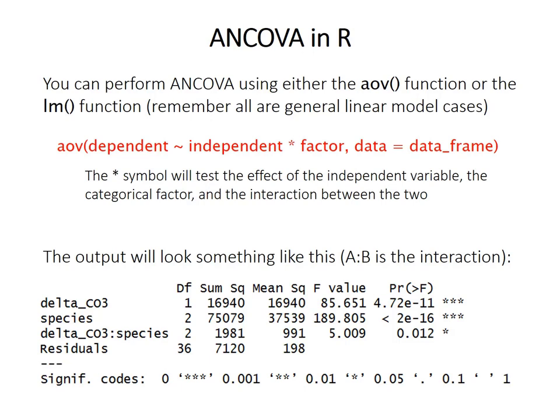We can ignore the other two lines for now, although they tell you how the continuous variable and the factor variable affect the outcome, independent of each other and independent of the interaction. So in any case, the interaction indicates a significant difference in slope among the three categories of species here. So technically we have to stop here. But I'll proceed and demonstrate how to test for intercept even though we haven't actually met those assumptions.